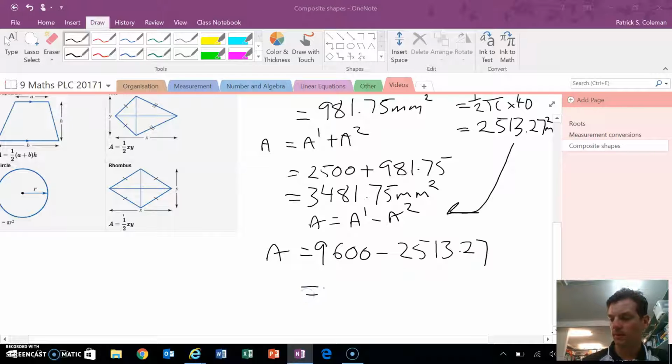Again, we just pop that into our calculator, and come up with a final answer of 7,086.73, and our unit is meters squared.